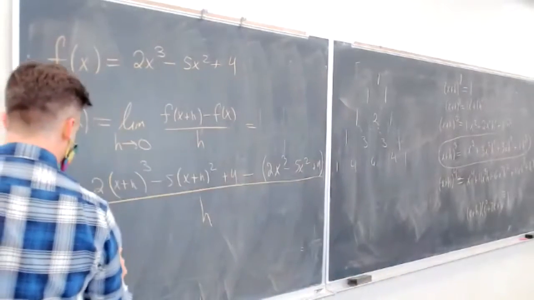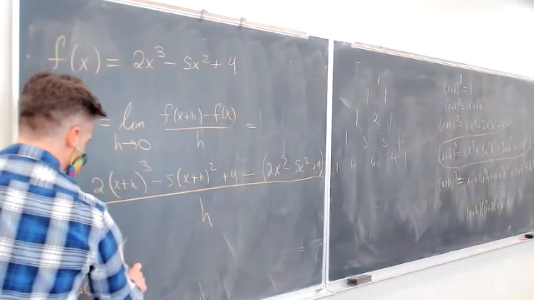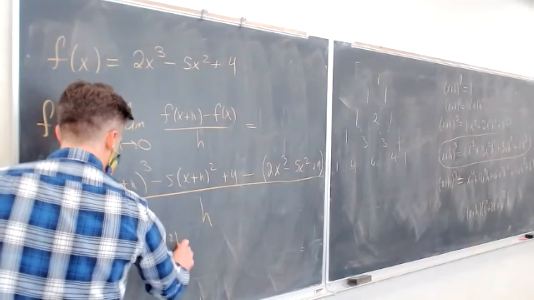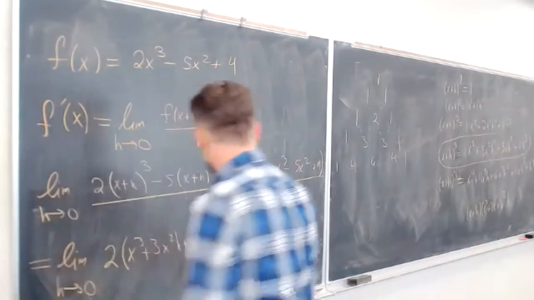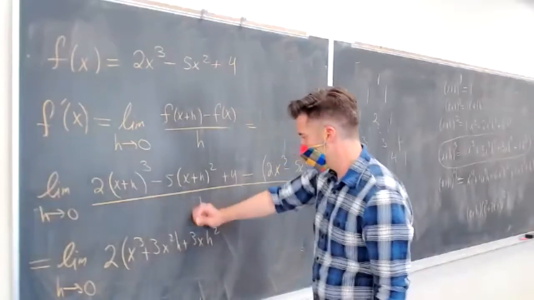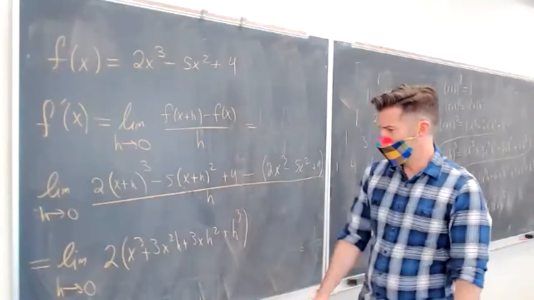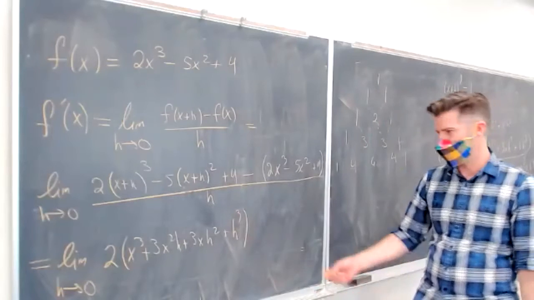So we multiply this out. We're going to get x cubed plus 3x squared h plus 3xh squared plus h cubed. And then, oh boy, okay, this is going to be, I picked the long one.